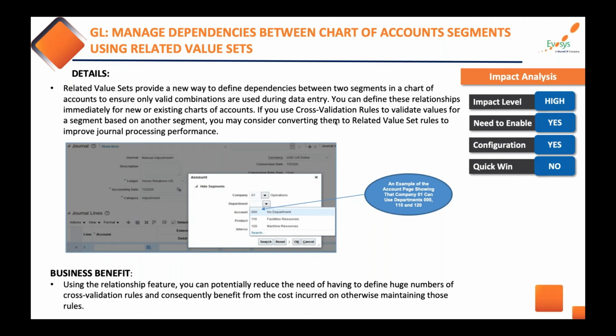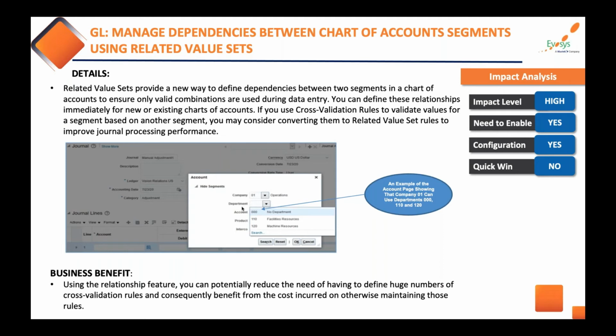Those problems were highlighted to Oracle. But now, Oracle is bringing a feature where you can create segments which are interrelated to each other. For example, if someone selects a company value 01, then when they go to the department segment, which is the next segment, they would see only limited values within it. They will not be able to see all the values within the department.